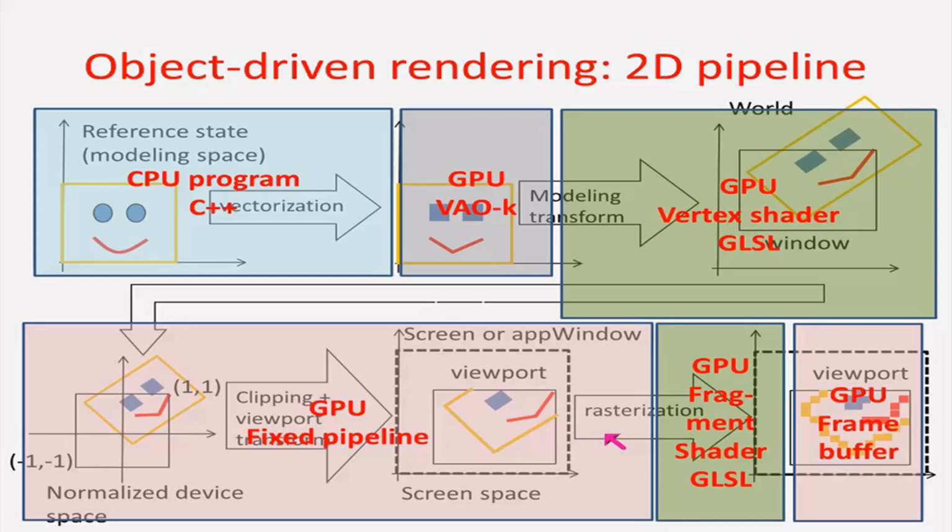For each pixel of this sequence, the fragment shader processor can determine the color of the pixel based on the interpolated attributes. The output of the fragment shader goes into the frame buffer. Vertex shader or fragment shader processors are programmed in GLSL, which stands for OpenGL Shading Language. The fixed algorithm pipeline cannot be programmed as it is hardwired.